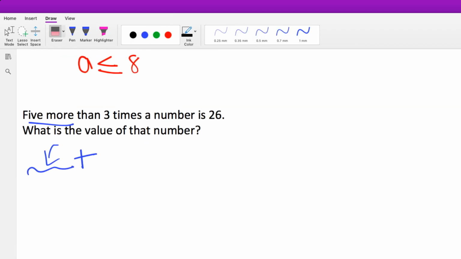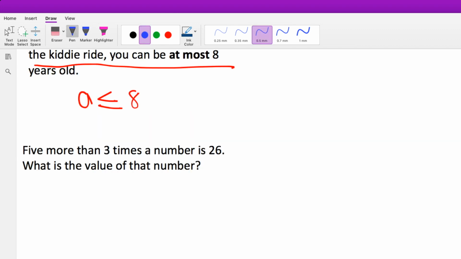So now we know that we're going to have this 5 more to the right of something. So I'm going to give us a little bit of room, plus 5. Now 3n because that's the letter we chose to go with, and the 3 because it's 3 times. Times means multiply. Always remember that. I'm sure that's not hard to remember, but times just means multiply.